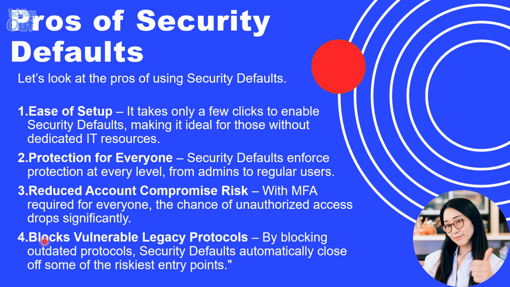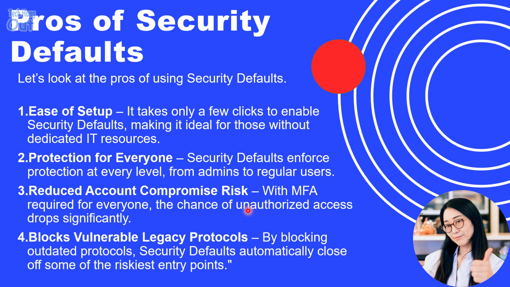So the next one I have here is block vulnerable legacy ports, which I have mentioned earlier, legacy protocols rather. By blocking these outdated protocols, security default automatically closes some of the riskiest entry points. Some of those protocols are very risky.